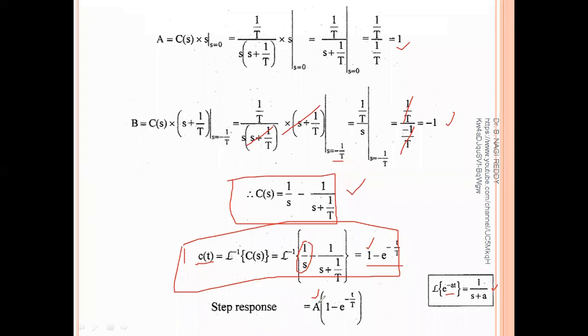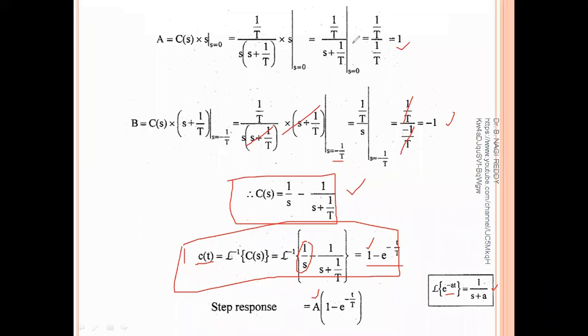If it is unity, then substitute the value as 1, so that means 1 minus e power minus t by T. If the step signal is not unity, it has some magnitude called A, then A into that, so that magnitude is multiplied to this entire equation.